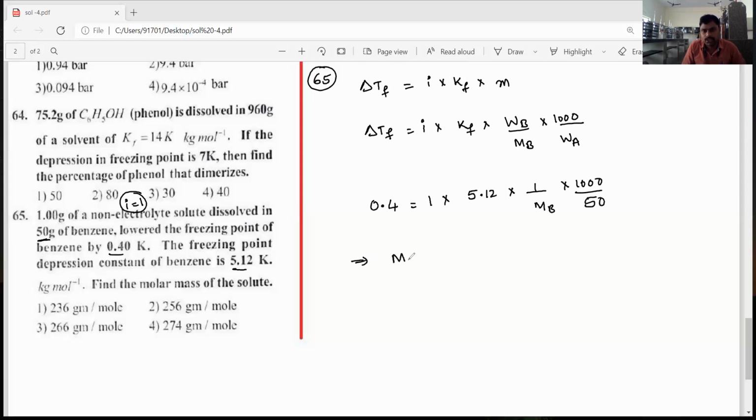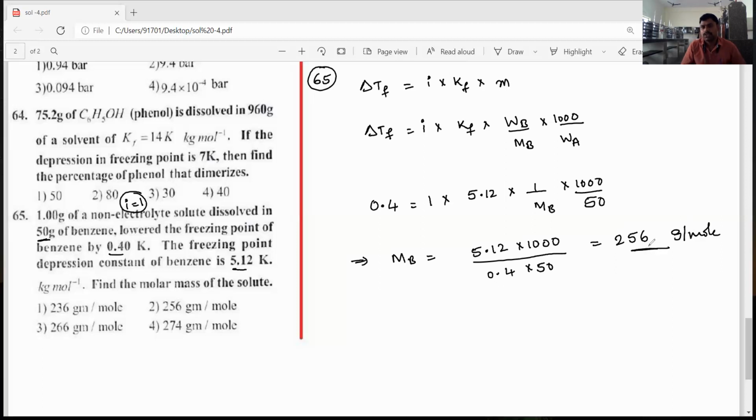Then MB, the molar mass of solute, is 5.12 into 1000 divided by 0.4 into 50. On simplification we get 256 gram per mole.